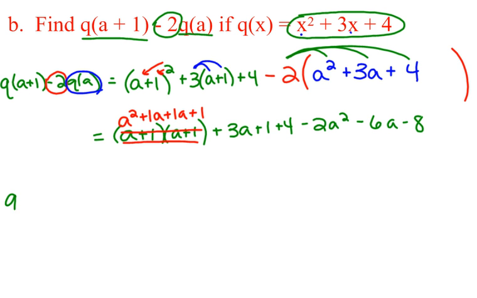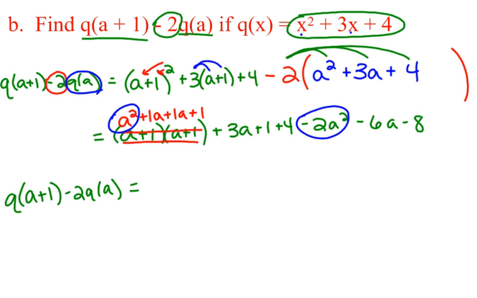So as I come down here, q of a plus 1 minus 2 times q of a equals, and I'm going to combine like terms right now. I can see that my highest degree is a squared, a 2. So I'm looking at my squareds, and I'm going to add those. A squared plus a negative 2a squared would be negative a squared.